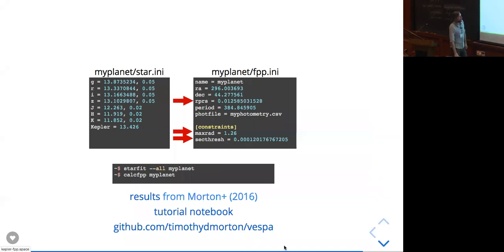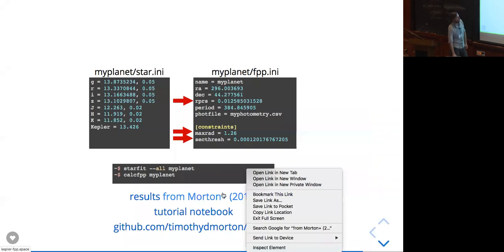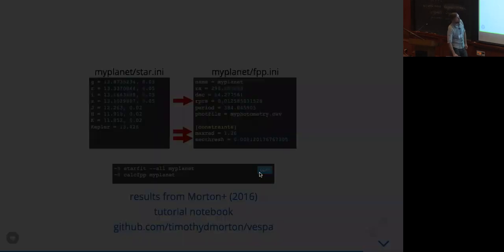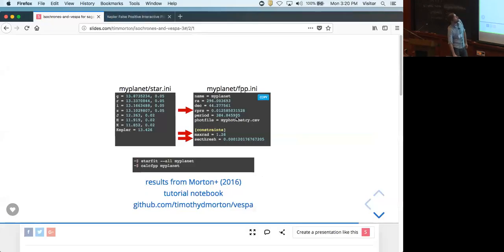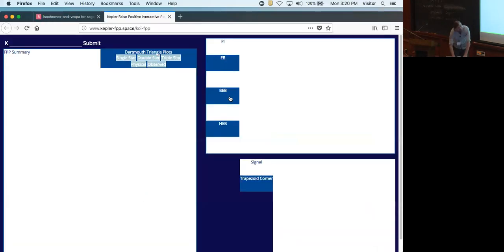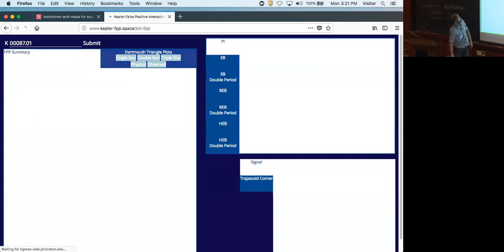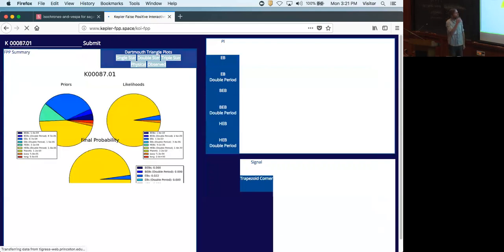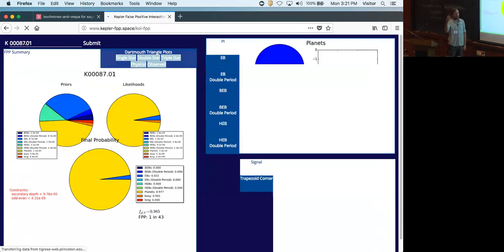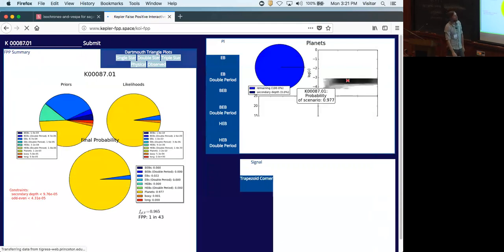If you have the URL to this talk, which I guess will be posted on the website here, you can look at, for example, the VESPA results for all of the Kepler candidates from the DR24 study that I talked about that resulted in the 1,200 planets.